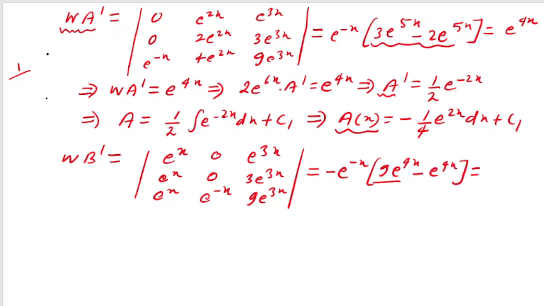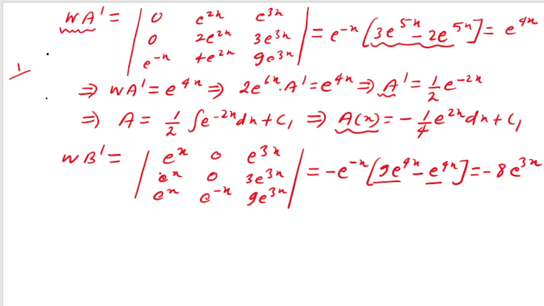So 9 minus 1, so 8, and this is minus, so minus 8 e to the power 3x. I hope you are getting what I have done. Okay, so is it clear up to this or any doubt?